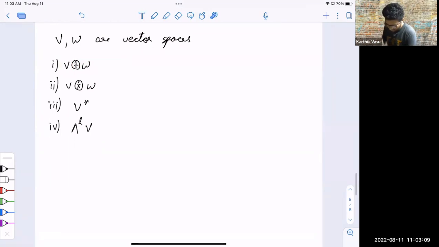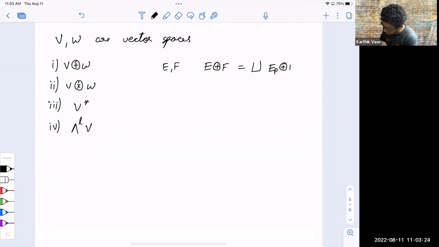So E direct sum F: take each fiber, just add them. And if your direct sum is nice enough, then this will also patch up smoothly.